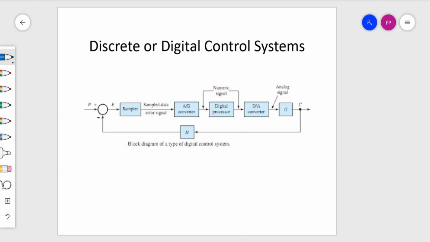The digital to analog converter will convert the digital signals into an analog signal, which will go to the actuator, and the actuator will be fixed into the plant G, which will operate different control system components of the plant. So eventually the output C is modified in this way. Here a big component of the signal is modified in the digital domain, and within the digital domain the signal is modified to generate the control signal. So a very good example is there.